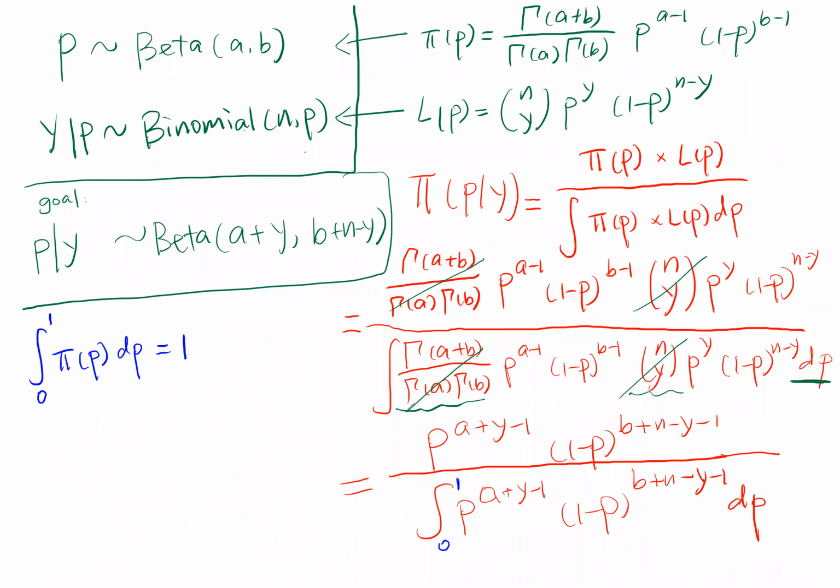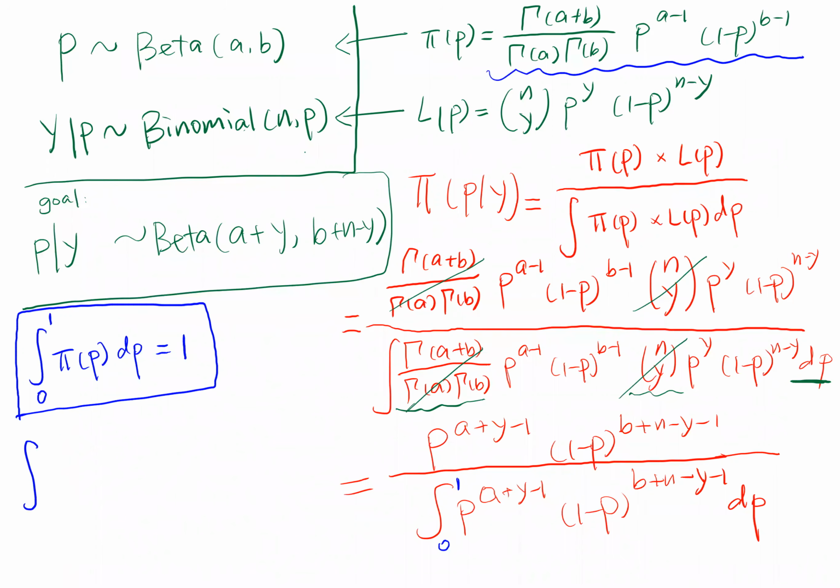All right, so because of this fact, and now I'm also bringing your attention back to the top right, where we have the generic beta density. If we think in those terms, what do we have?